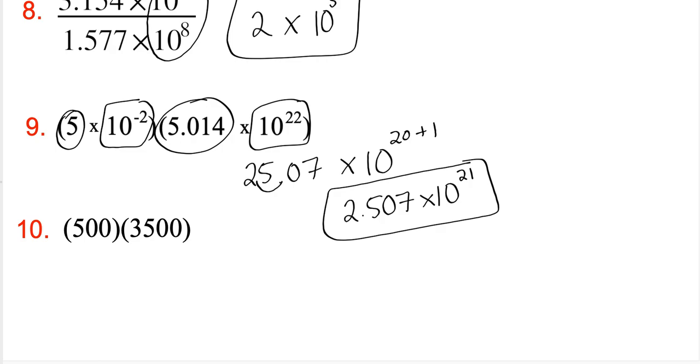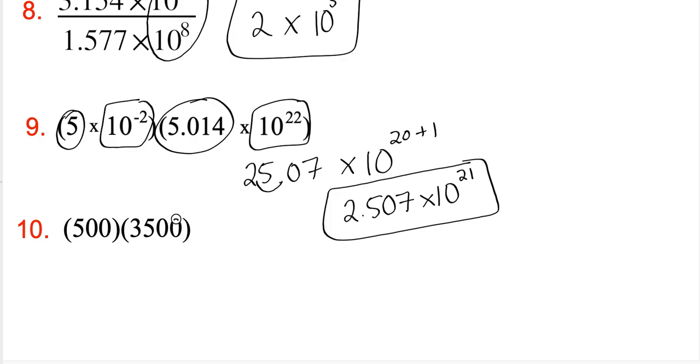Number 10, you've got a couple ways to do it. You could throw 500 times 3,500 in the calculator and then change that into scientific notation. Or you could change them into scientific notation right away and worry about it after that, which is the way we're going to go about it. Okay? So how are we going to write this in scientific notation?